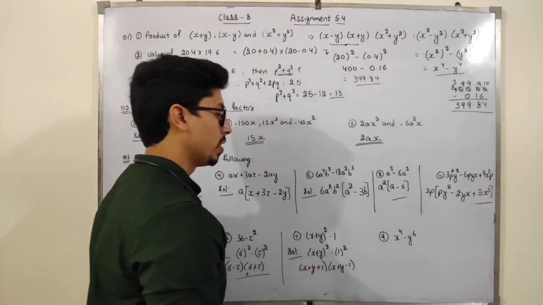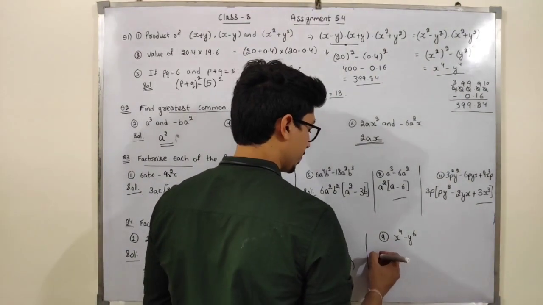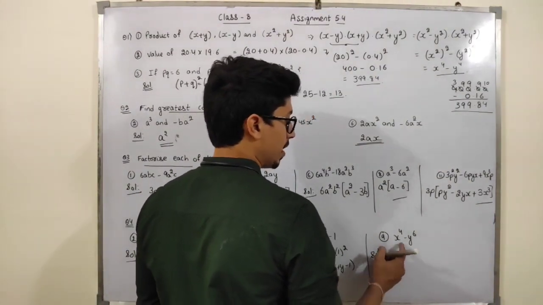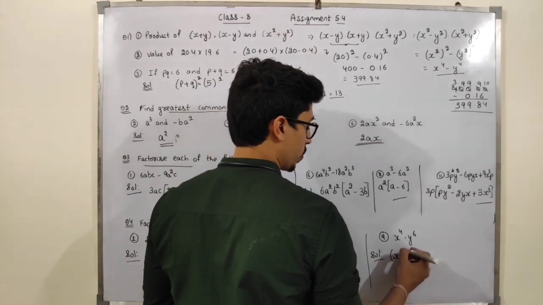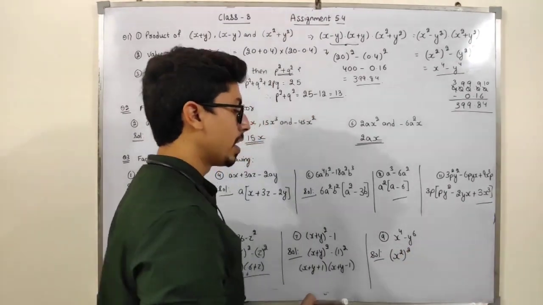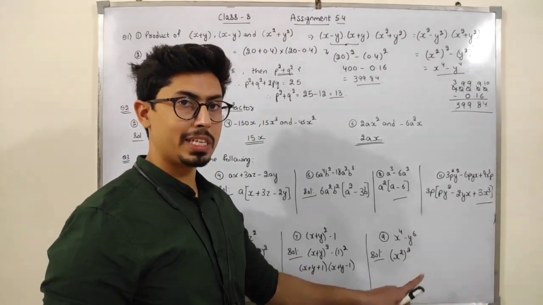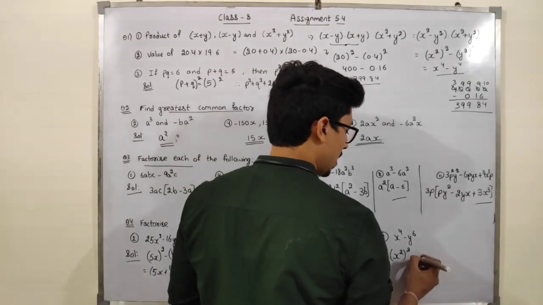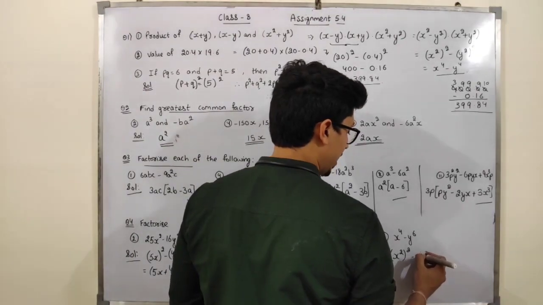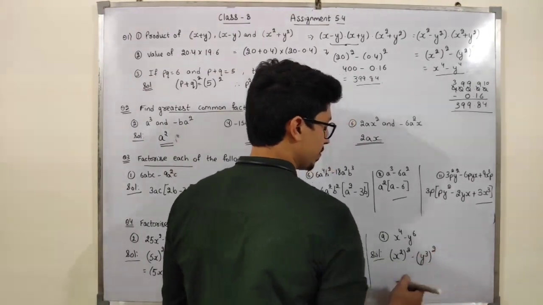Now in the last part, students, I can write this as x square whole square, because power raised to the power means multiply the powers. So 2 into 2 will be 4. Similarly, I can write this as y raised to power 3 whole square.